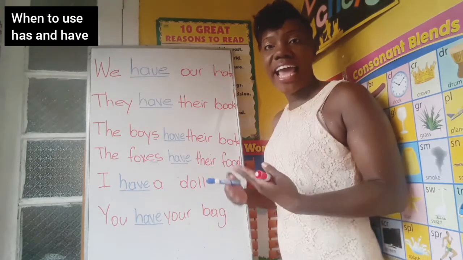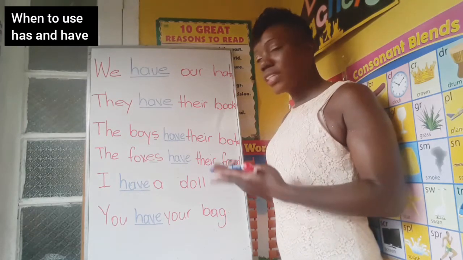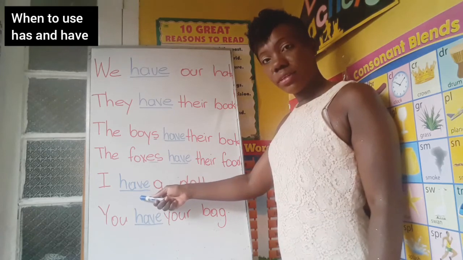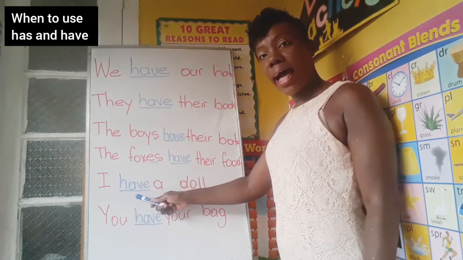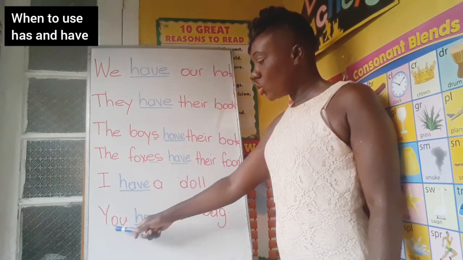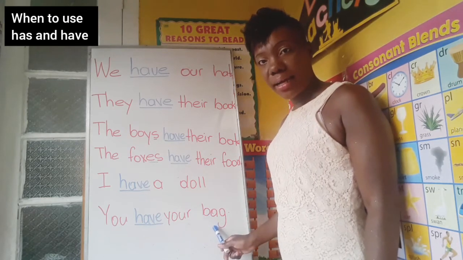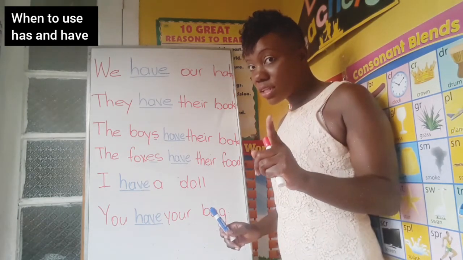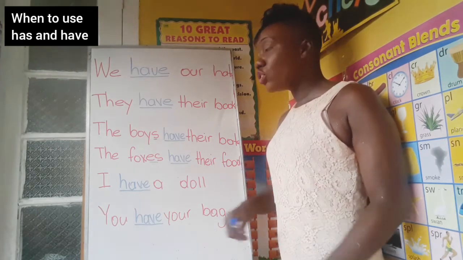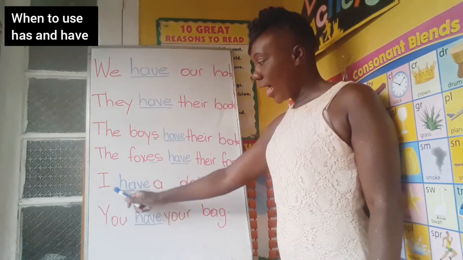We do not say I has. Even though I is singular, we do not use singular verbs with them. We use plural. Have. I have a doll. You have your bag. So remember, boys and girls, when you're talking about using the word I and you, use have with I.